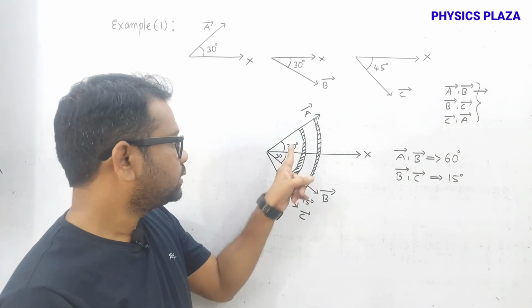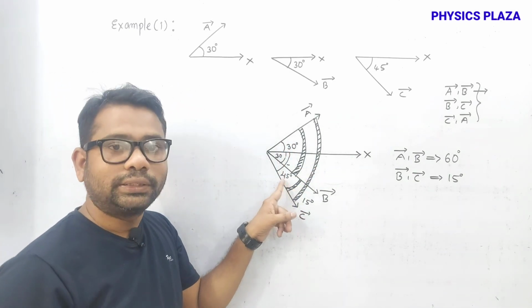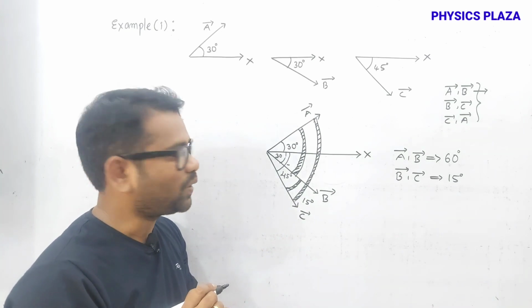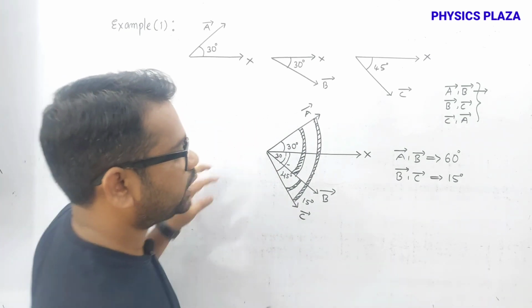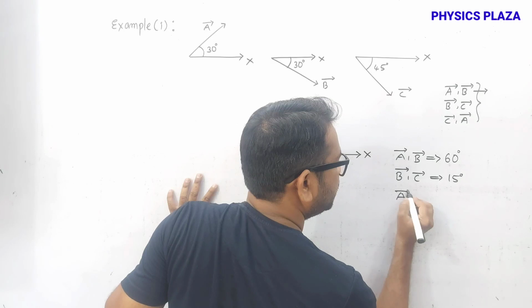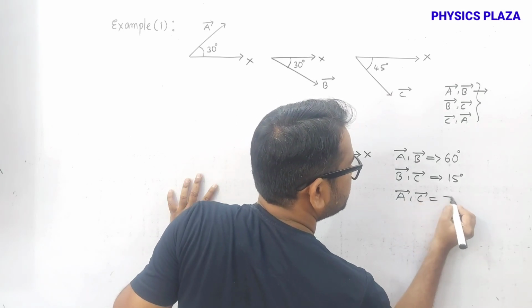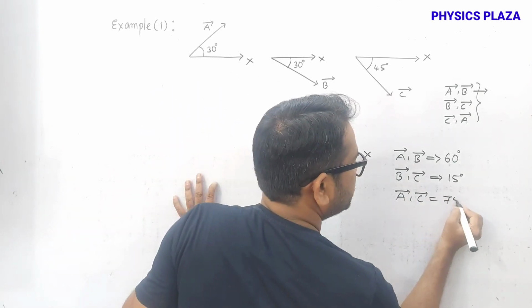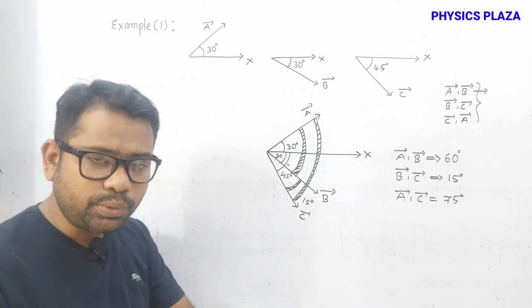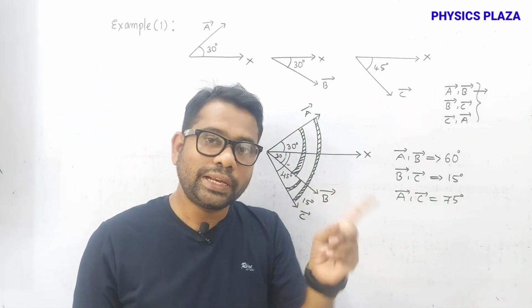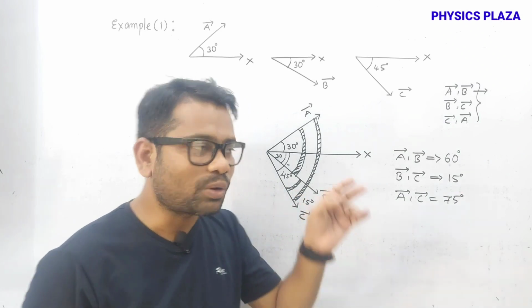Some students will do 30 plus 30 plus 45 and get 105. That is wrong. It is 30 plus 45. So the angle between A and C is 30 plus 45, which is 75 degrees. It's very simple, children. Just check whether tails are meeting or heads are meeting. Is that clear? Just copy it.